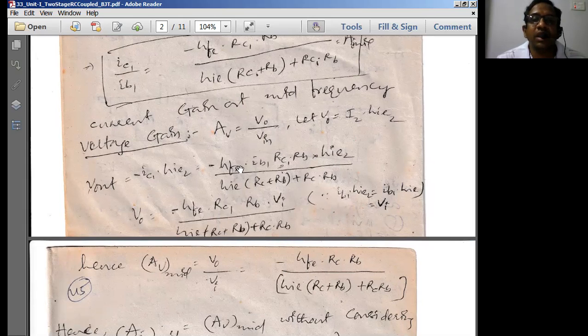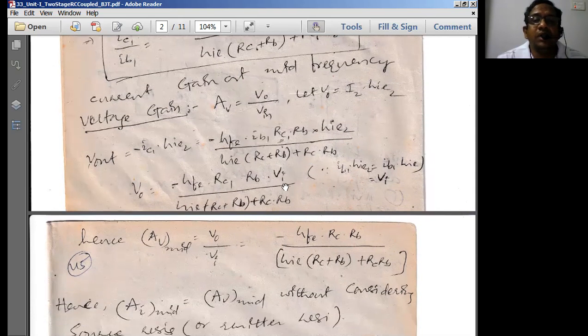So IB1 into HIE2 you can write as equal to VI, the input voltage.